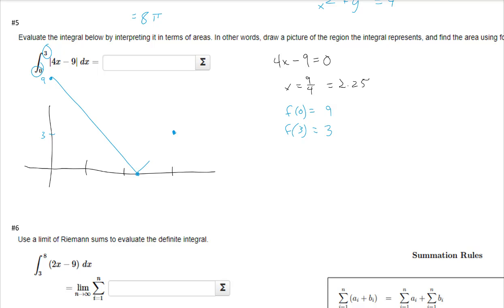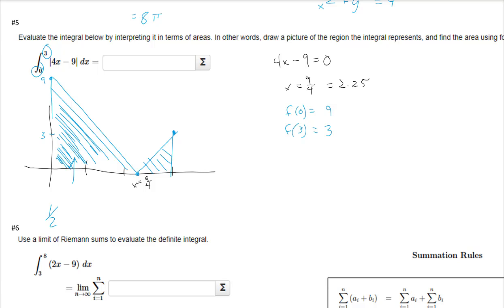Okay, so we're doing this area given underneath this absolute value graph. And I see I have 2 triangles here. So now remember, this point right here is x equals 9/4. So the area of this first triangle is 1/2.